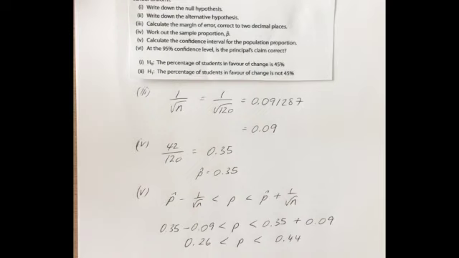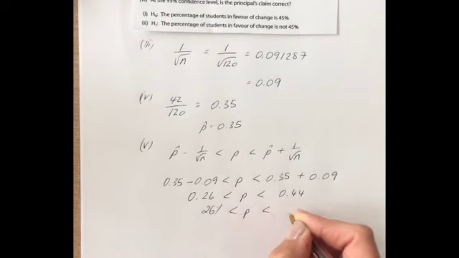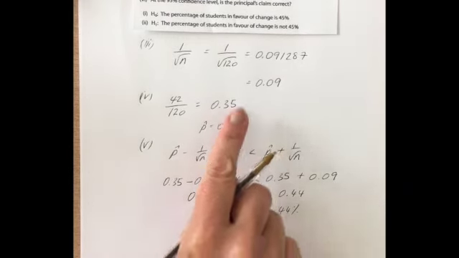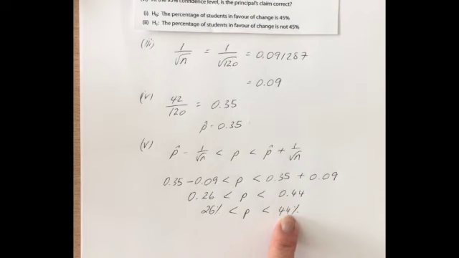So to conclude whether the claim is correct, we need to consider the claim, which was that 45% of students were in favour of a change. Is that within our confidence interval? Our confidence interval suggests that if the sample result is 0.35 or 35%, then we could confidently say that the whole school population result would be between 26% and 44%.